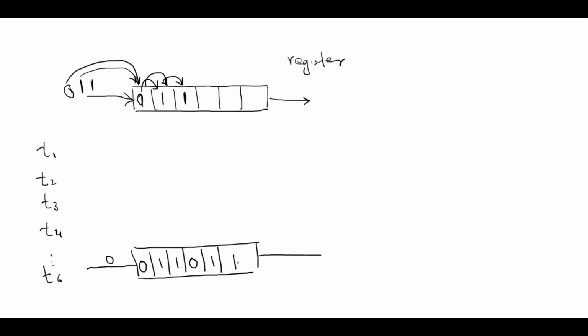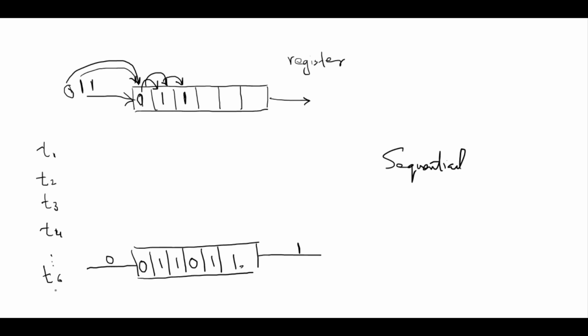And here you are observing 1 at the output. So let's suppose you want to design a sequential circuit that counts the number of ones in this register.